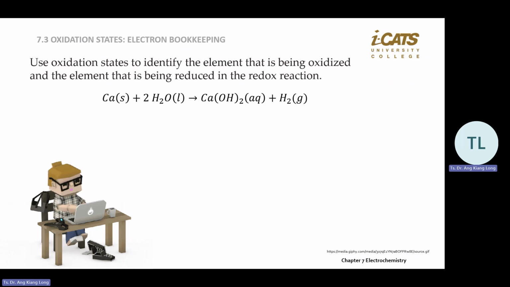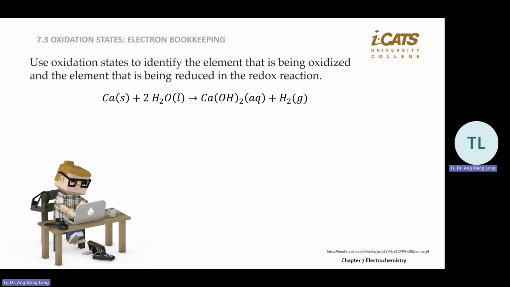Then you can add one more column with the oxidation state number. If it becomes more positive, it is oxidation. If it becomes a smaller number, more negative, then it is reduction. By looking at this equation, how many inputs do you have? You have two inputs: Ca, element 1, and H2O, element 2.